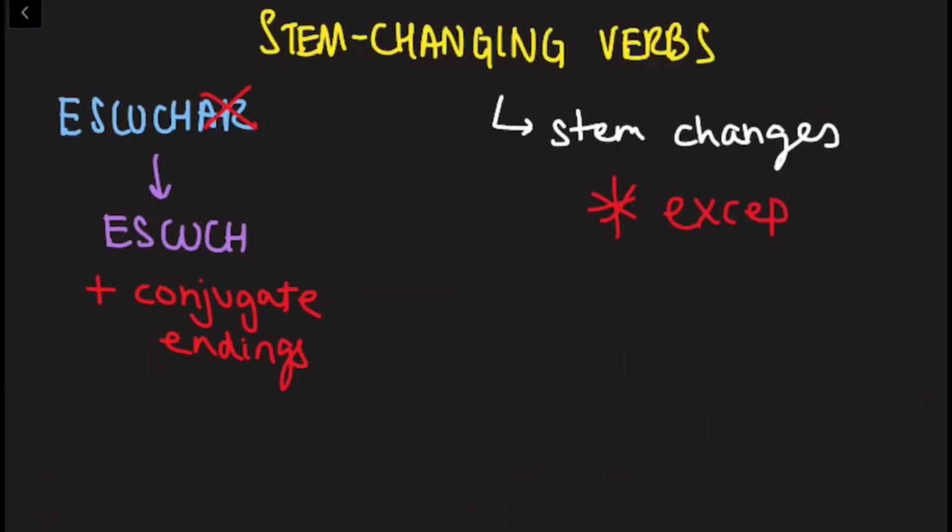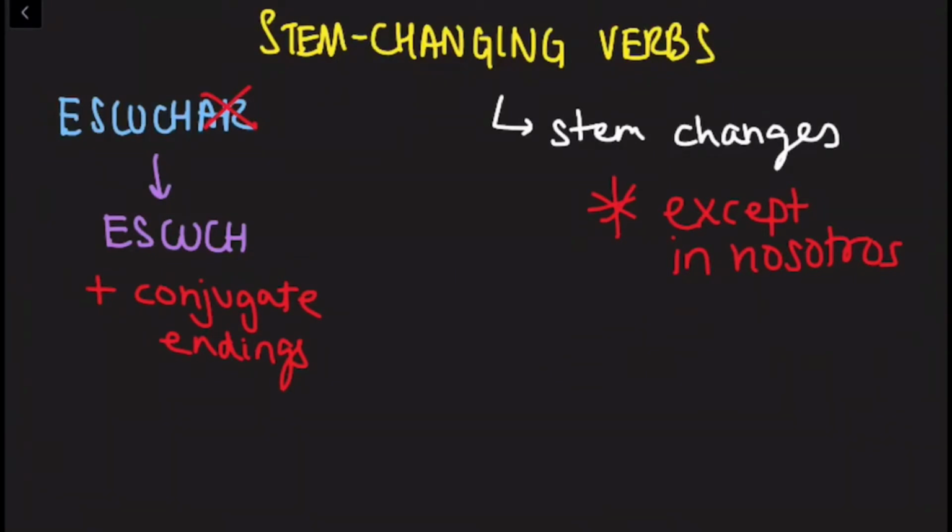Except nosotros. After you figure out how the stem changes, the process is the same as a regular verb. You just add the conjugate endings.